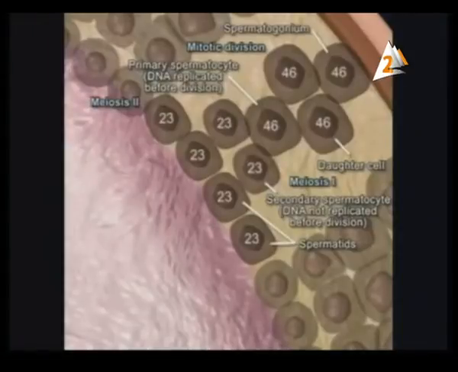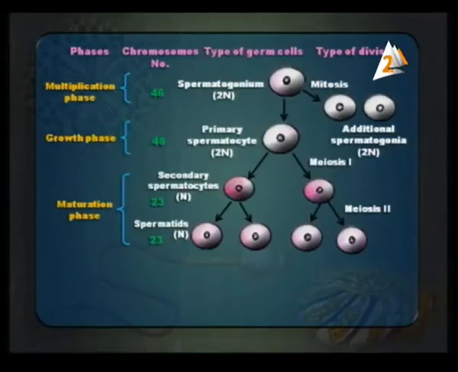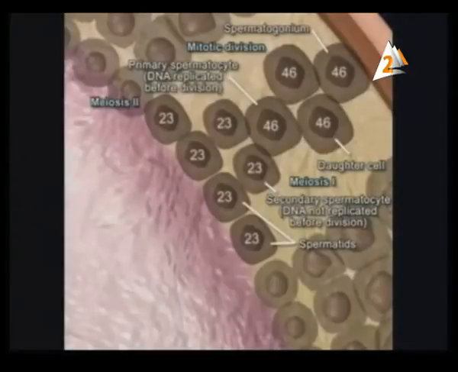As a result of meiosis 1, we get secondary spermatocytes, which are haploid cells. So the primary spermatocytes contain 2N chromosomes, or are diploid, and after meiosis 1 they form the secondary stage, which is haploid.